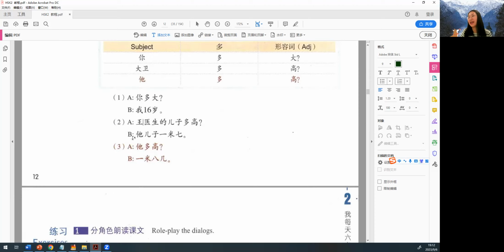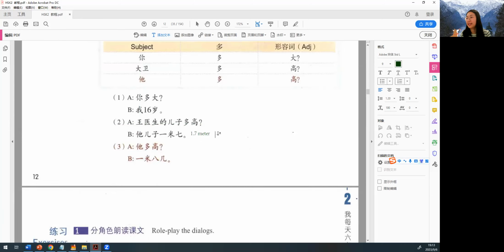So B said 他儿子1米7. Oh, so how tall is his son? 1米7. It's 1.7 meters.